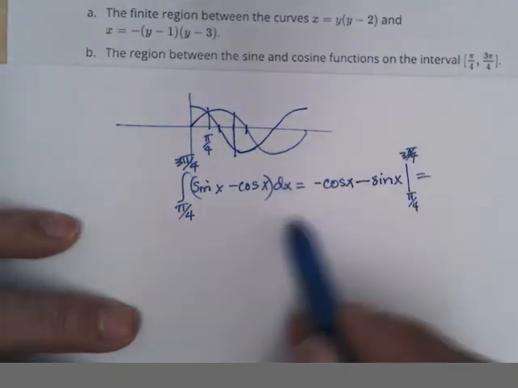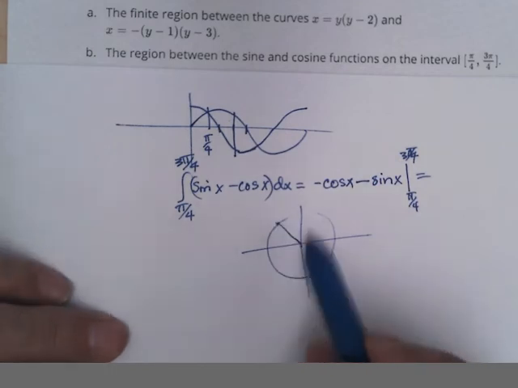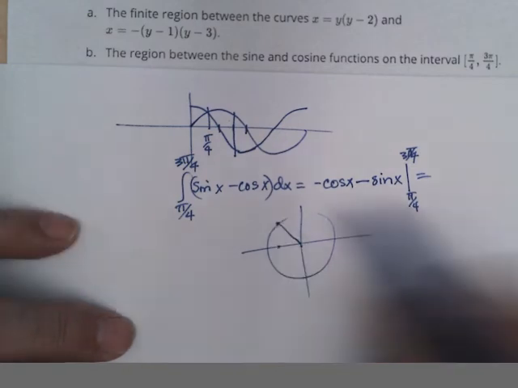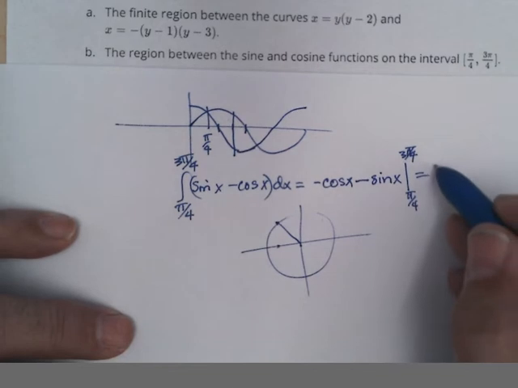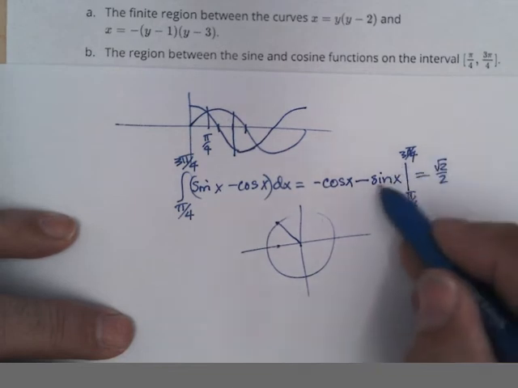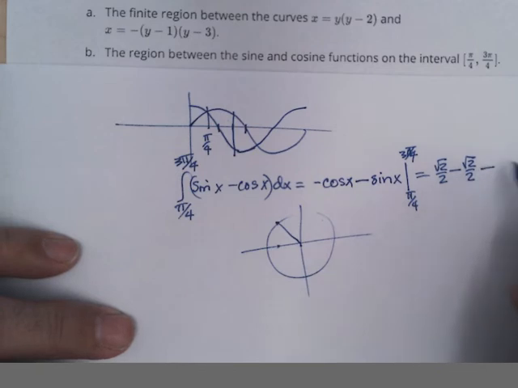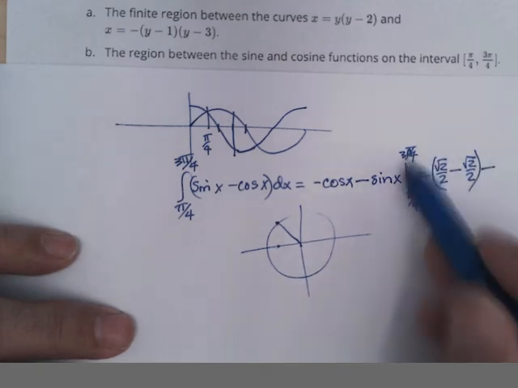3 pi over 4 on the unit circle is here. The cosine is negative square root of 2 over 2. And the sine is positive. So we get the negative of negative is positive square root of 2 over 2 minus the sine is positive, so that's square root of 2 over 2 minus pi over 4.